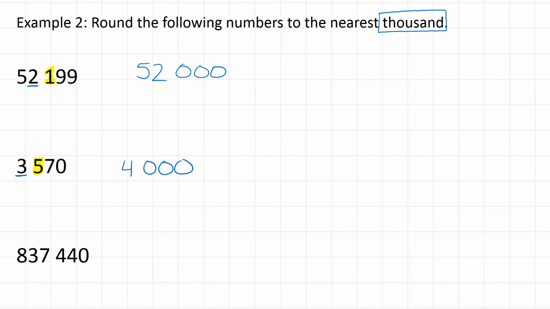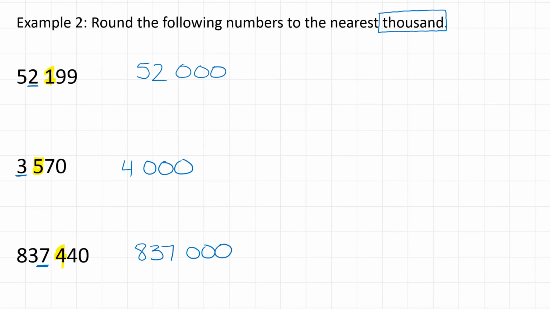It's a big number. 837,440. So I'm going to underline the thousands place, which is the 7. I'm going to highlight the hundreds place value to the right. And I notice that it's a 4, so I'm not rounding up. My thousands place stays the same. And my final answer is 837,000.